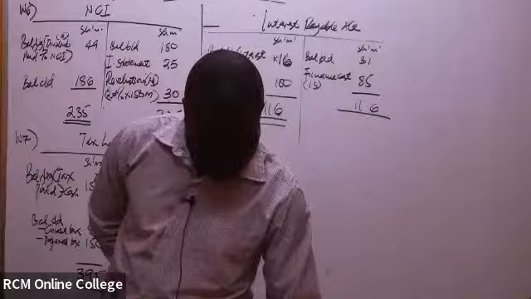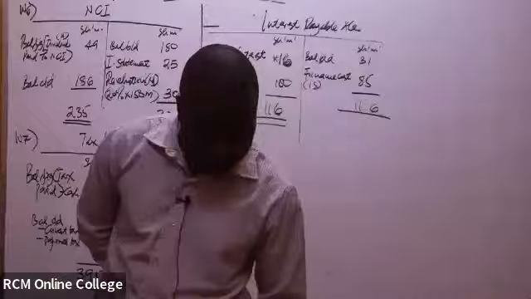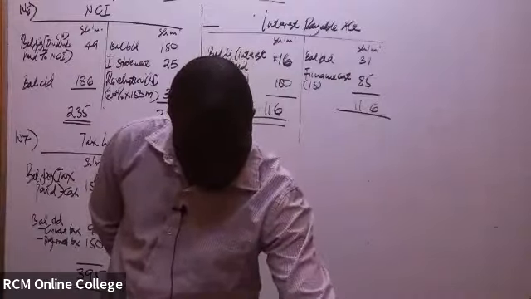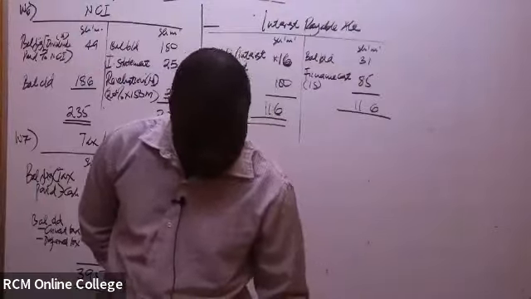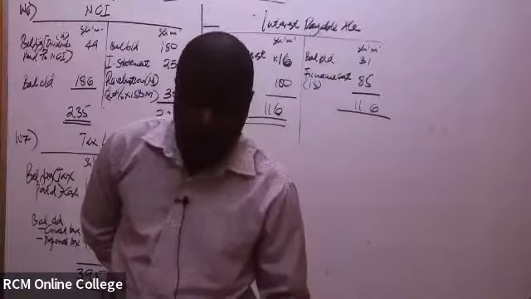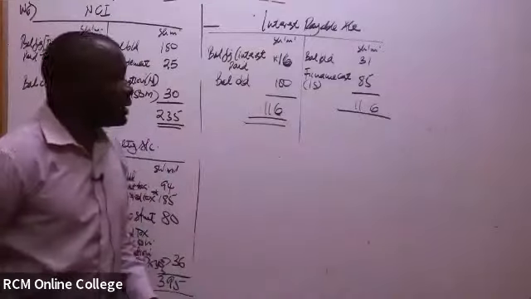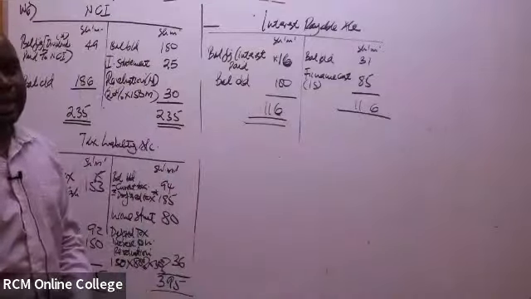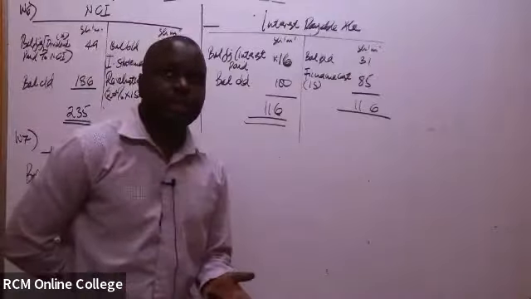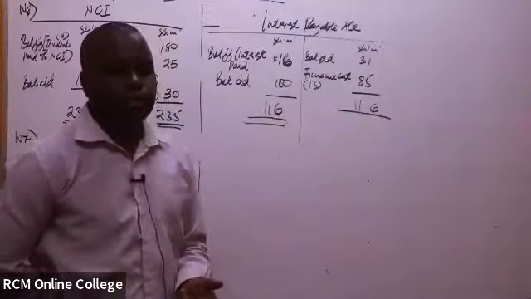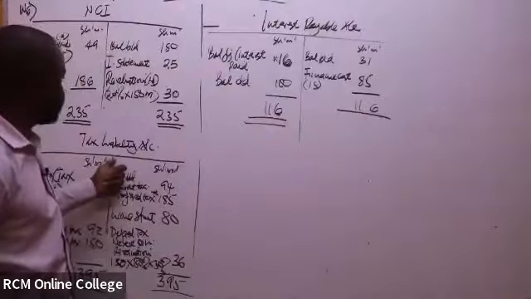I don't think we'll be able to make any adjustments regarding the retained earnings account, because overall, when you look at our cash flow statement, there's no way we end up having to talk about retained earnings. Ideally, any items that would have affected the retained earnings, we have already made adjustments on them. It could be depreciation, gain on disposal, loss on disposal, finance costs, or the income tax, the tax expense.